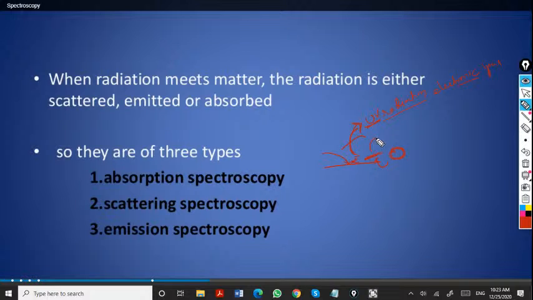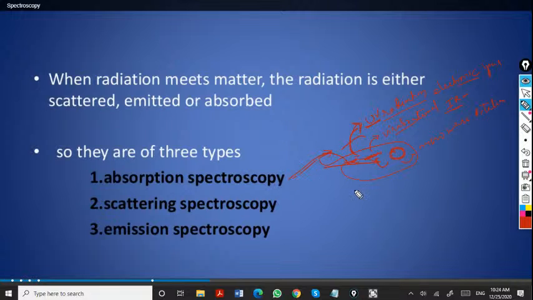If the bonds are vibrating, it is said to be vibrational spectroscopy, which arises from IR radiation, infrared radiation. If it is rotation, it is from microwave radiation, and the spectroscopy is called rotational spectroscopy. So by absorption, only these three processes can happen. These three are absorption spectroscopy.